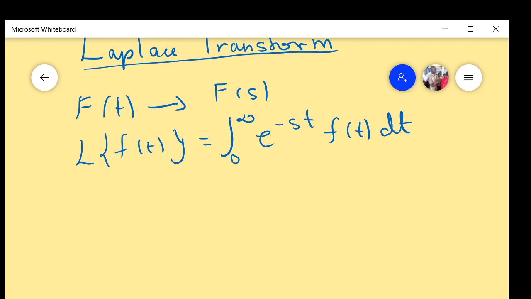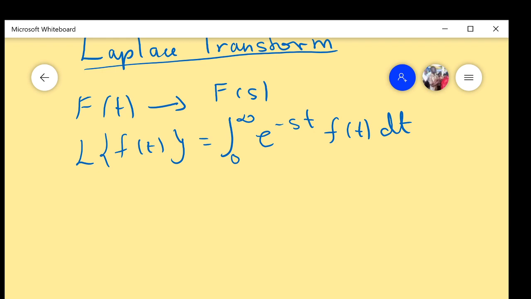All these examples are to build the Laplace table, which is very important and very necessary in solving your differential equation.